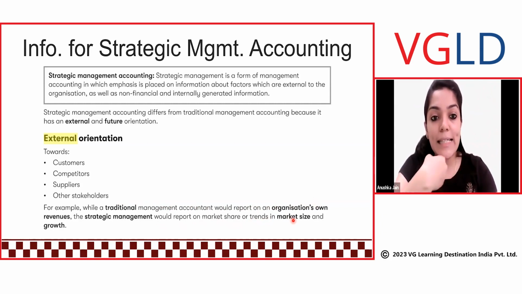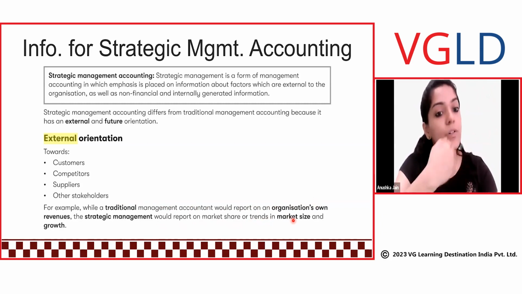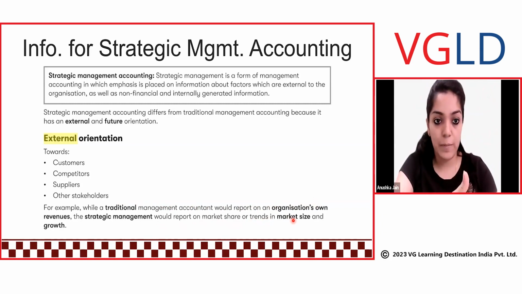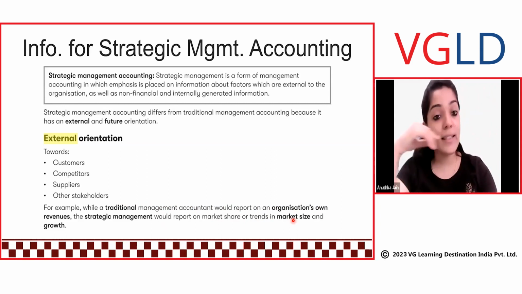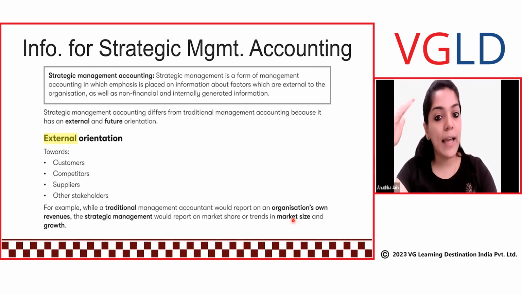So it looks external, whereas the traditional accountant looks inward. He just sees how much revenue the company has made. But a strategic management accountant will look at what you are doing, what your competitors are doing, and then give in-depth analysis. I hope you're able to follow the difference between traditional accounting and strategic accounting. Okay.